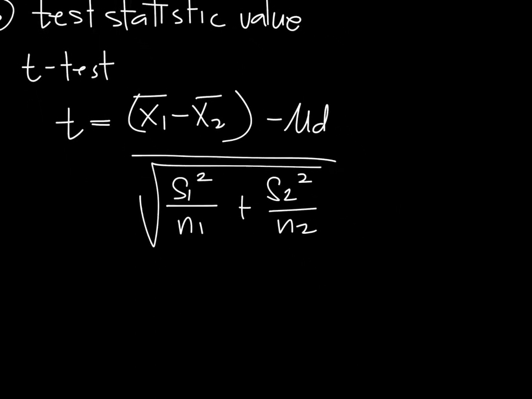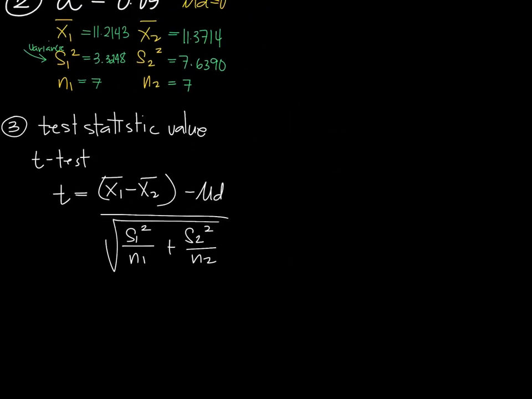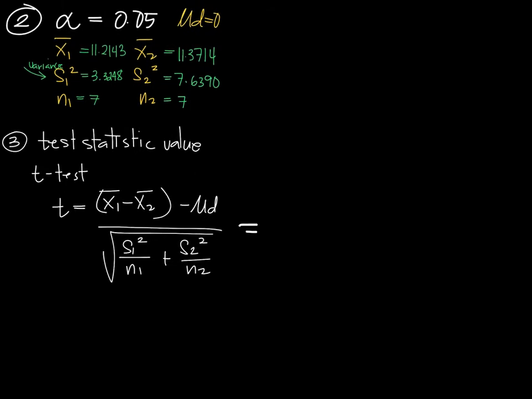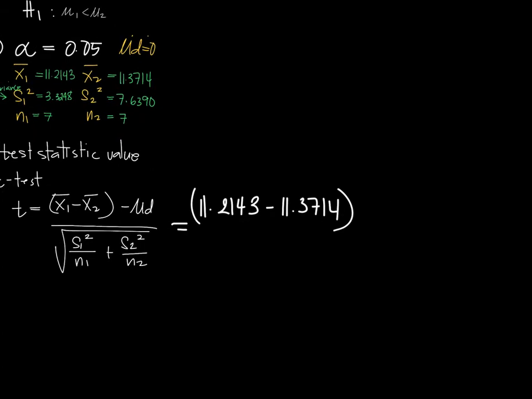And then we place the corresponding numbers in the formula. So we have x1 bar, 11.2143, minus 11.3714, minus the mean difference, which is 0 because in the null hypothesis they are assumed to be the same.